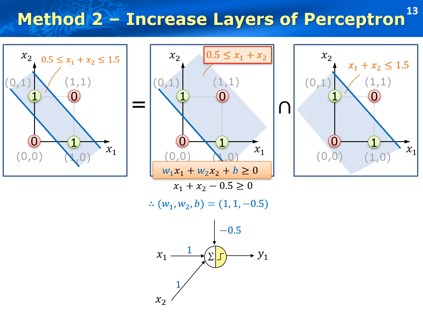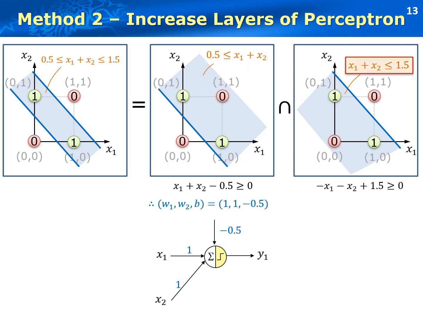Similarly, the decision boundary of the NAND gate is minus x1 minus x2 plus 1.5 greater than or equal to 0. Comparing this with the standard form, the weights and bias of the NAND gate is a triple minus 1, minus 1, 1.5.